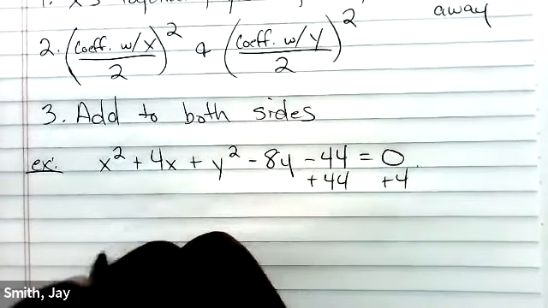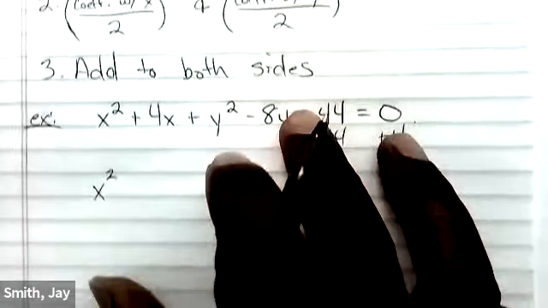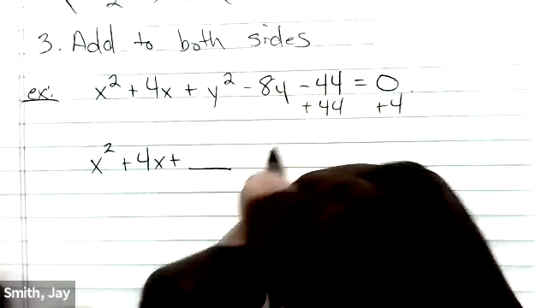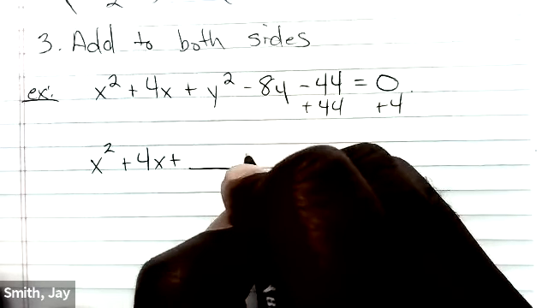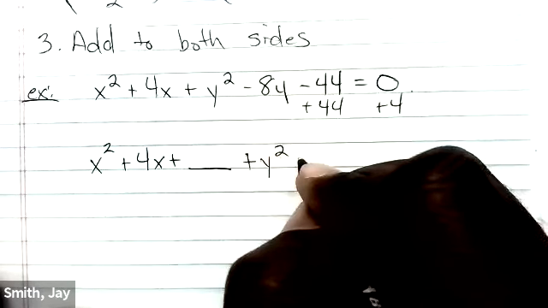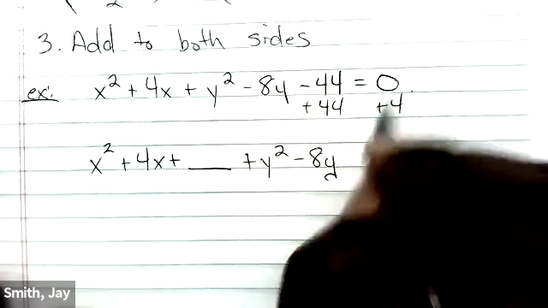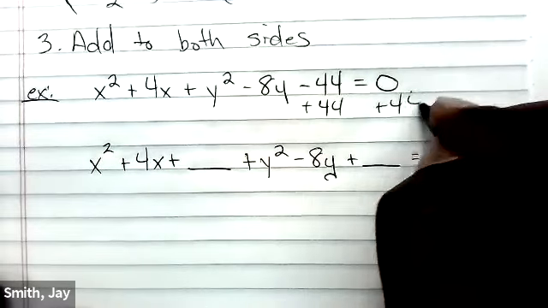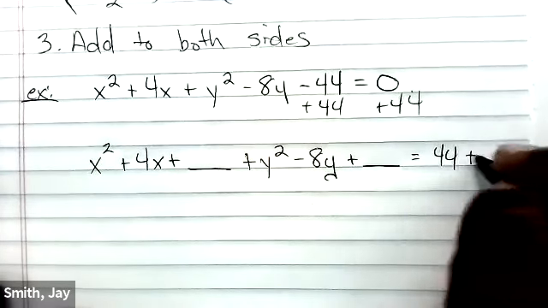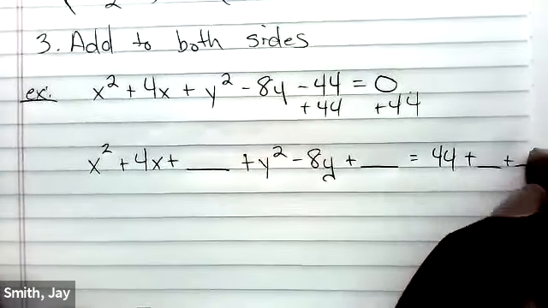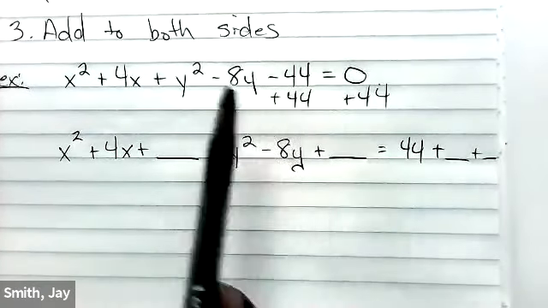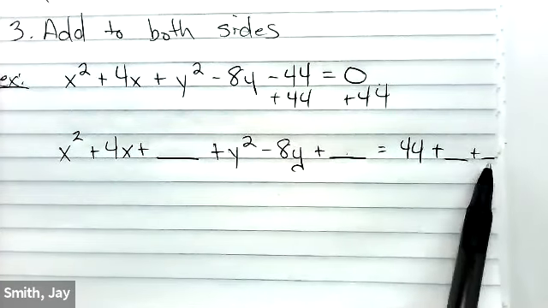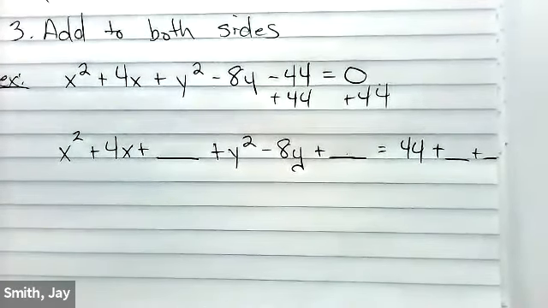I'm just going to rewrite this as x squared plus 4x plus something, plus y squared minus 8y plus something, is equal to 44 plus those same two somethings. I kind of ran out of space there. So whatever we add here and here, we need to add again on the other side of the equation to keep it balanced.